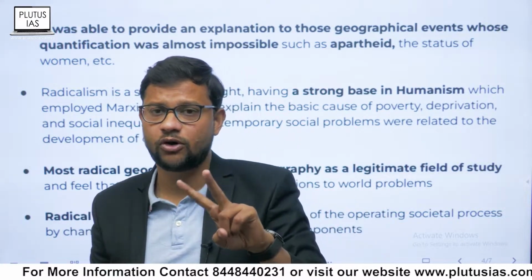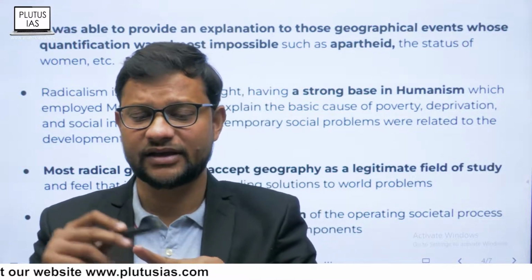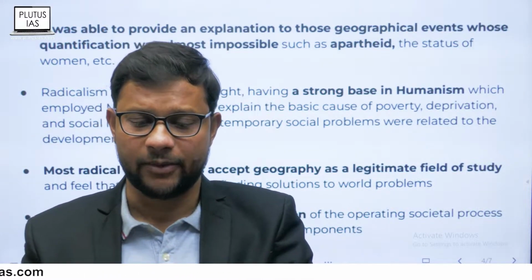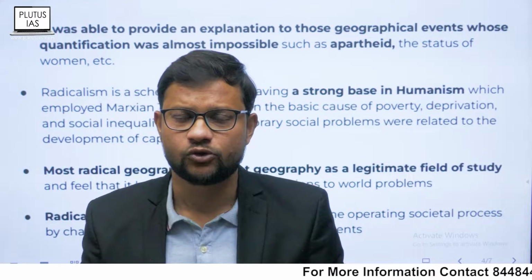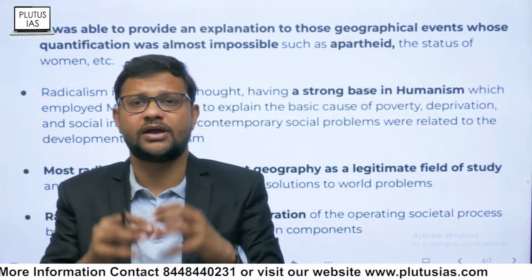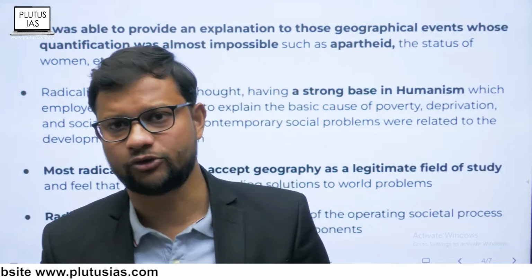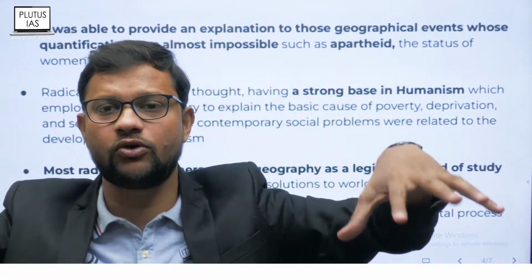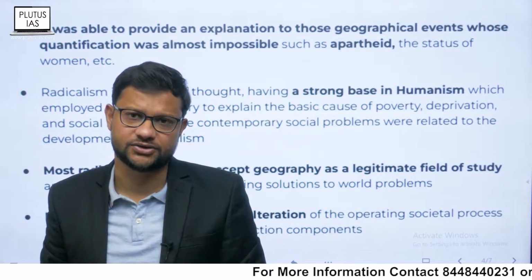The second thing is that it is against poverty, against inequality, against racial discrimination as well, because the communist philosophy tries to create an egalitarian society. No doubt that is a kind of utopian concept, but still it aspires to achieve this societal condition.